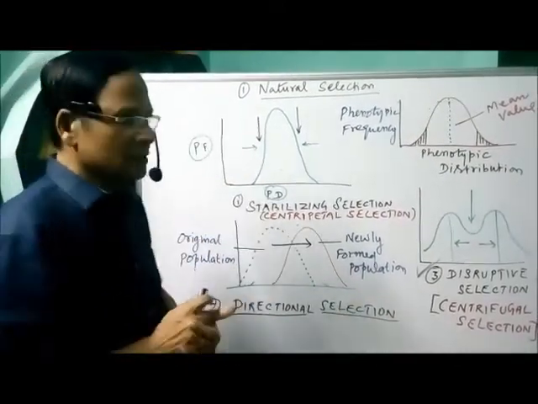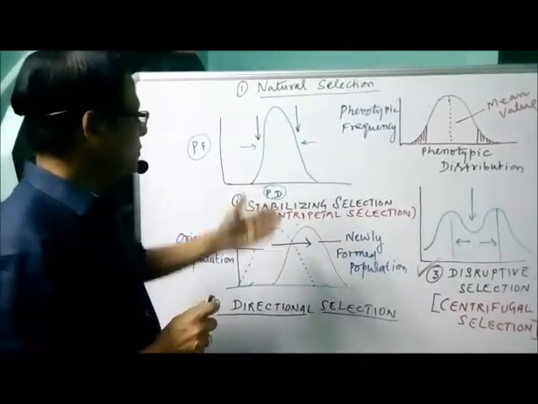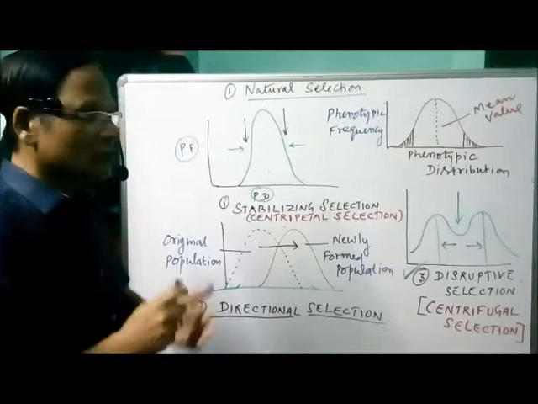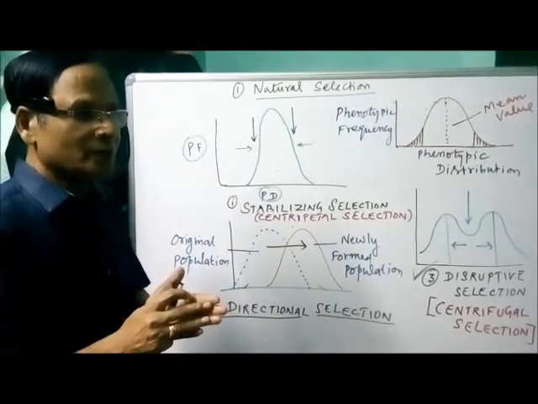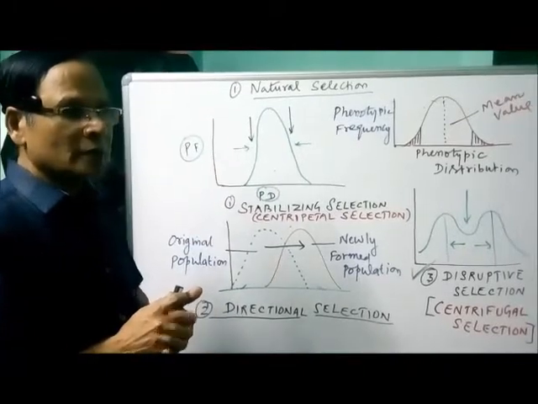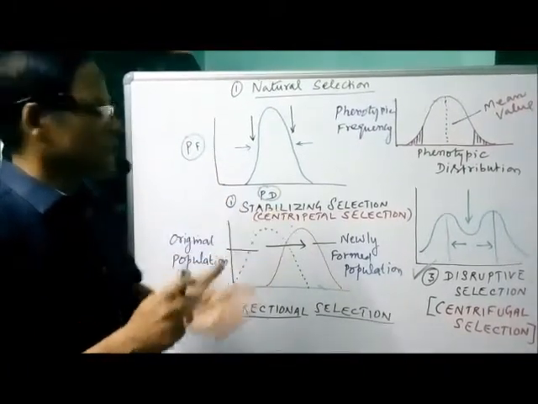So what about the example given in the book? In the book it is given the sparrows. Those sparrows which are adapted to survive the storm can survive and reproduce.